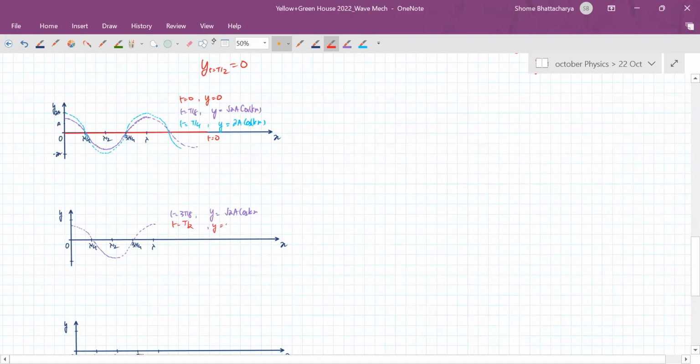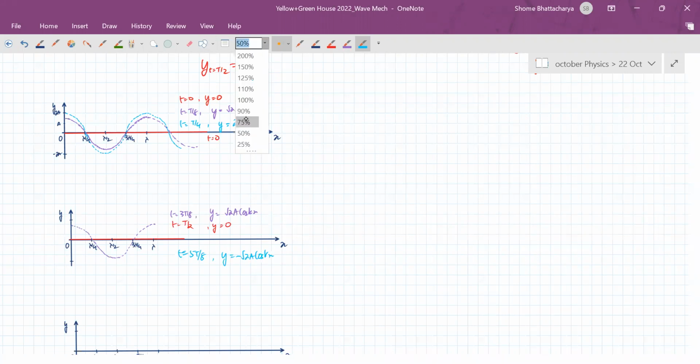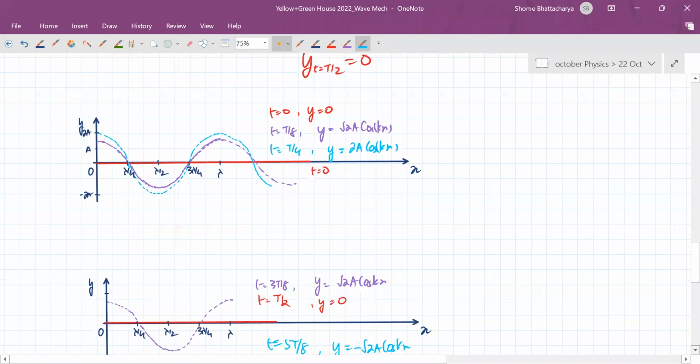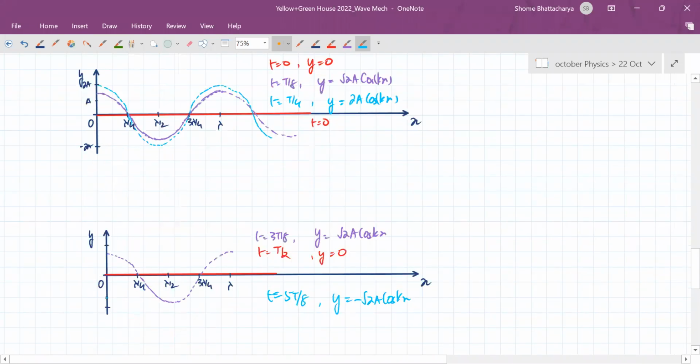So again, it's come back to the mean position. Now next, if we add another 1/8 of the time, we come to the time of 5T by 8. Then we see it becomes minus root 2a cos kx. So this graph now goes to this kind of shape.